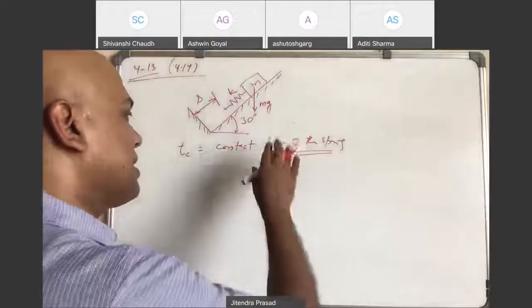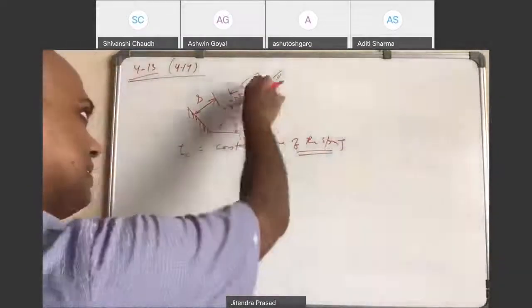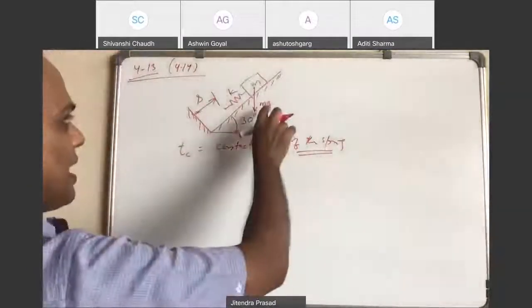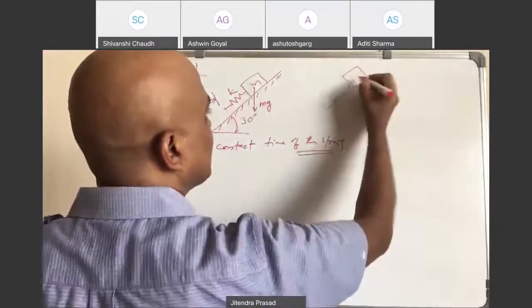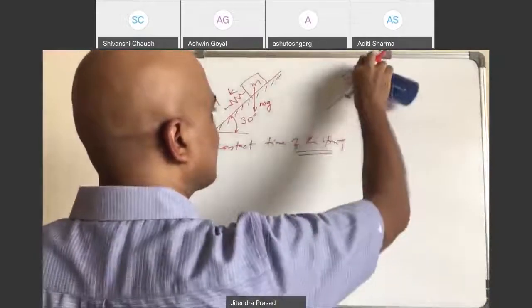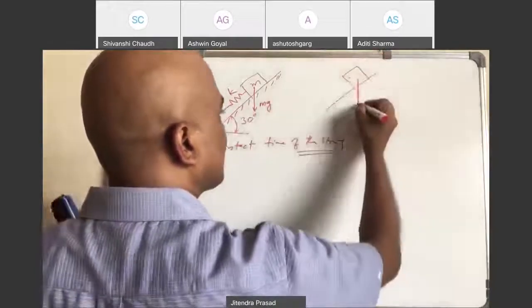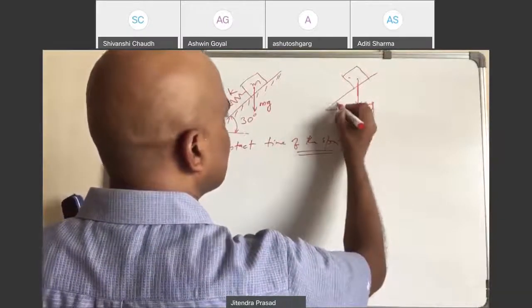Only under gravity will this slide. So the force, with this incline like this, is mg, which is downward, and this angle is theta.